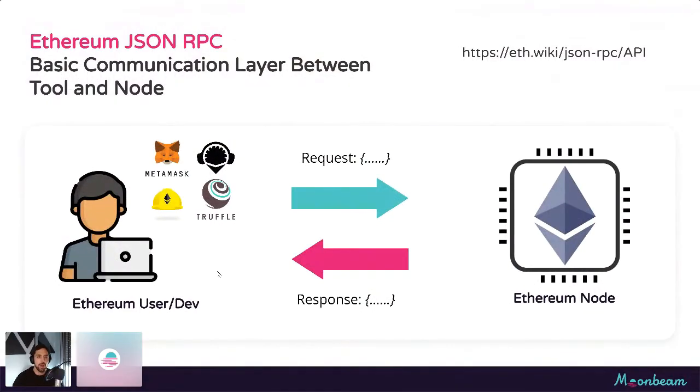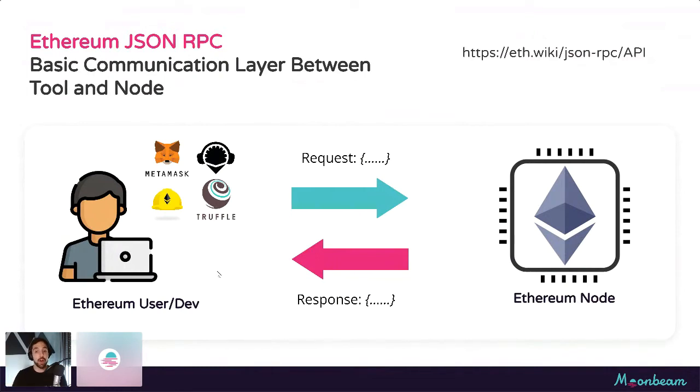So to understand how the Ethereum JSON RPC works, it's important to understand that this is the basic communication layer between a tool such as MetaMask or Truffle or Hardhat and an Ethereum node. Okay, so when the MetaMask wallet wants to know the balance of an Ethereum user, it makes a JSON RPC request to the Ethereum node with a certain structure.